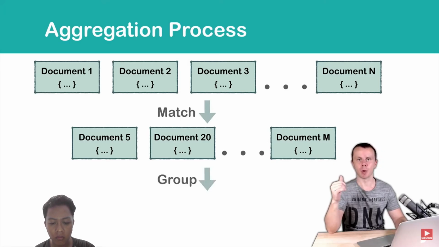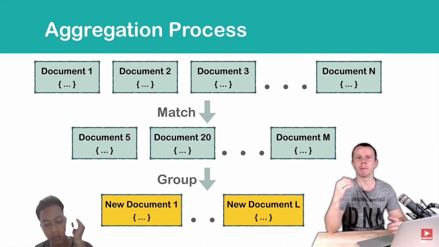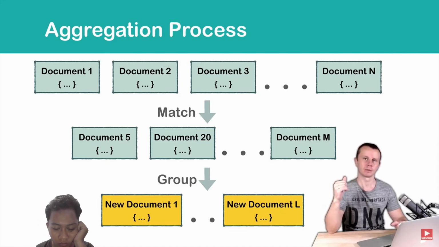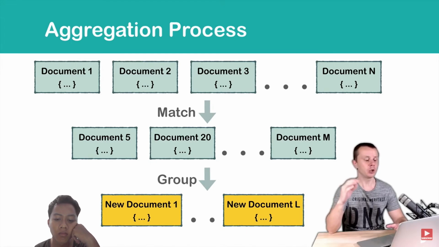As a result of the group operation, you will get brand new documents. You can group matched documents based on certain condition. For example, by age, by score, by state, by country, and so on. And as a result of operation, you will get new documents, and each document will represent each group.